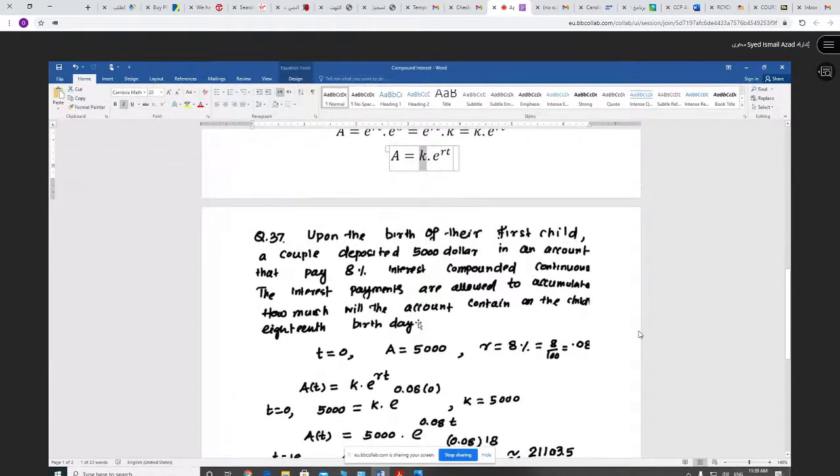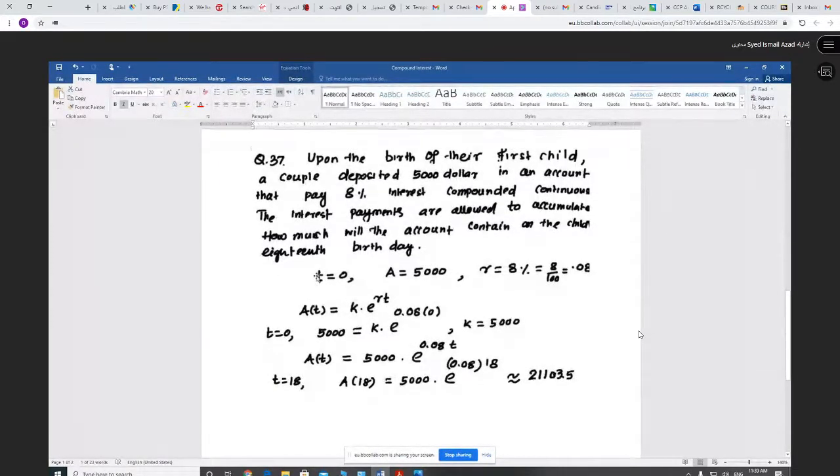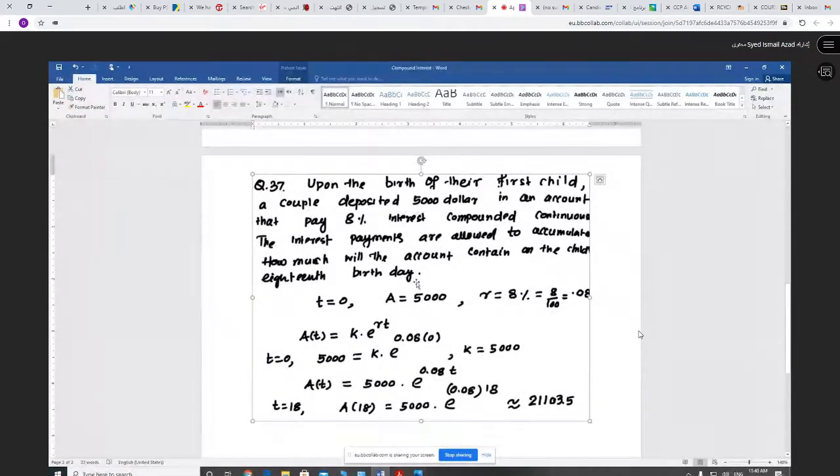Now look, initially at the beginning when the kid is born, how much is the time? Time is 0. And how much did they put when time is 0? The amount A is 5,000. Rate is also given: 8%, which is 8 over 100.